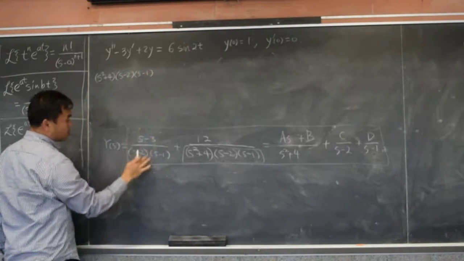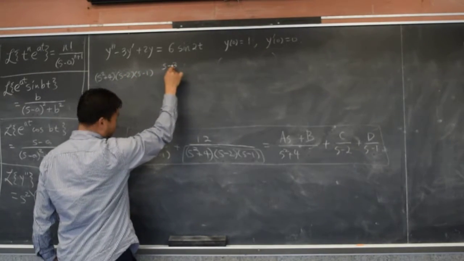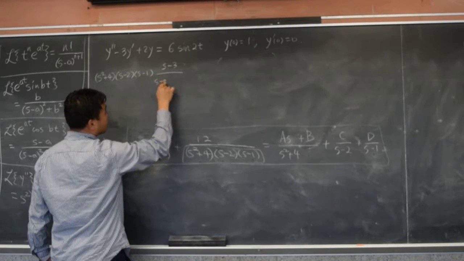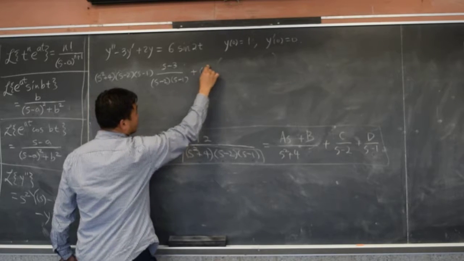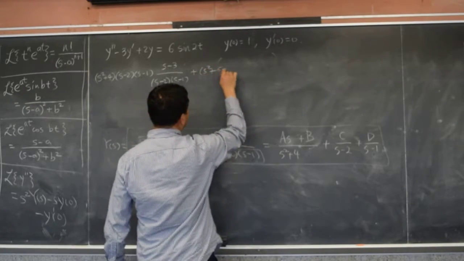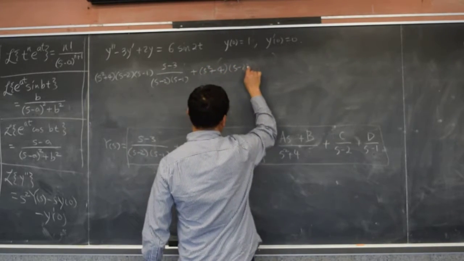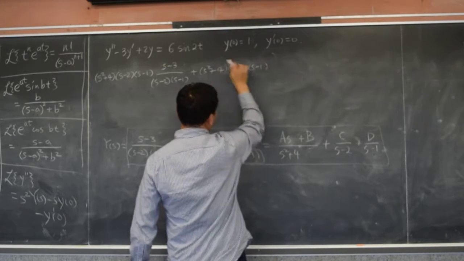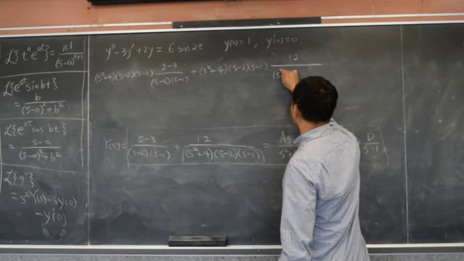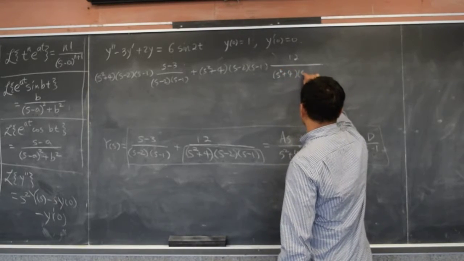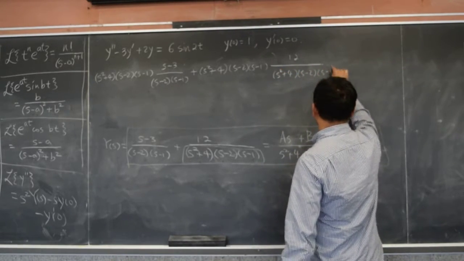I'm going to multiply this to the first one, which is s minus 3 over s minus 2, s minus 1, plus s squared plus 4 times s minus 2, s minus 1 has to be multiplied to the second one, 12 over s squared plus 4, s minus 2, s minus 1.